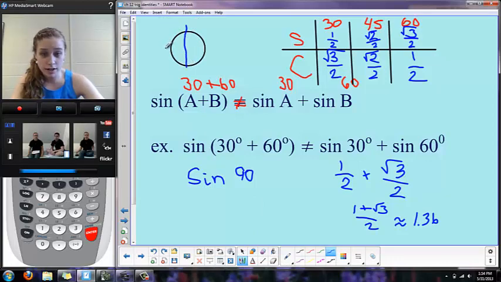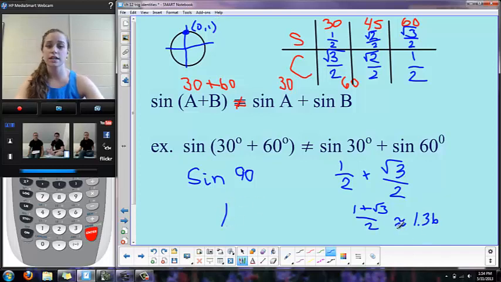Sine is the y value, so what's the y value right here at 90 degrees? That point is (0, 1), so sine of 90 degrees is just 1. Well, is 1 equal to 1.36? No. So that's a quick example to show you how sine of A plus B is not equal to the sine of A plus the sine of B, like we would like it to be. It would be really easy if that were the case.